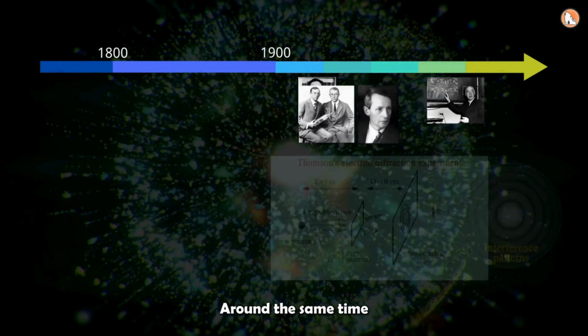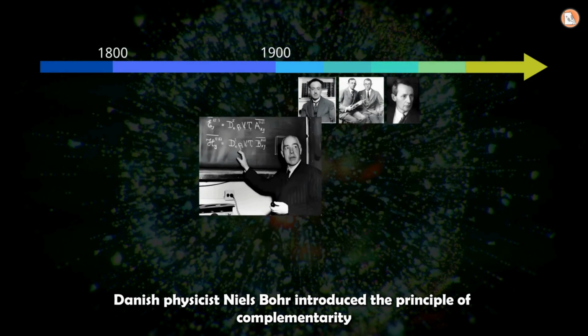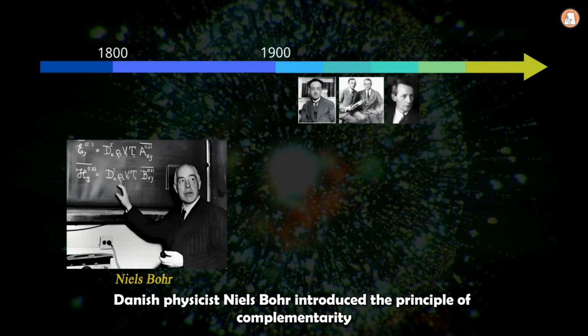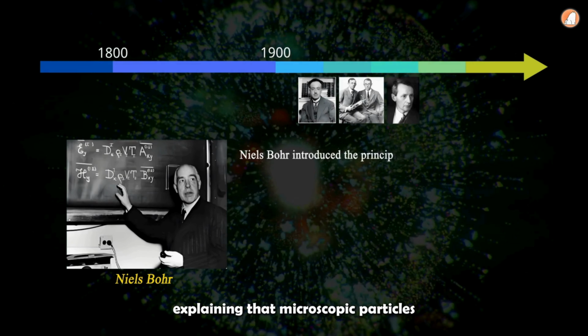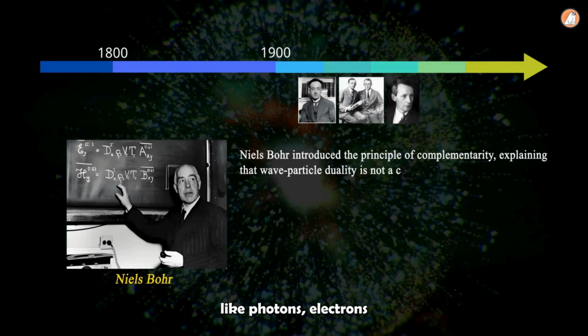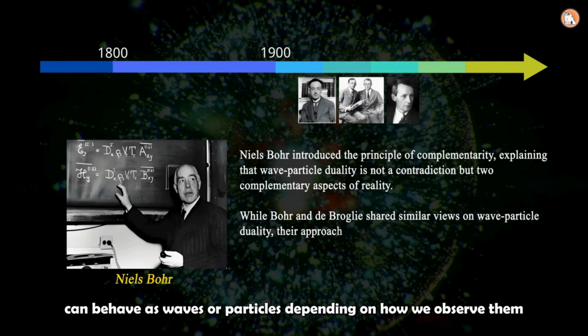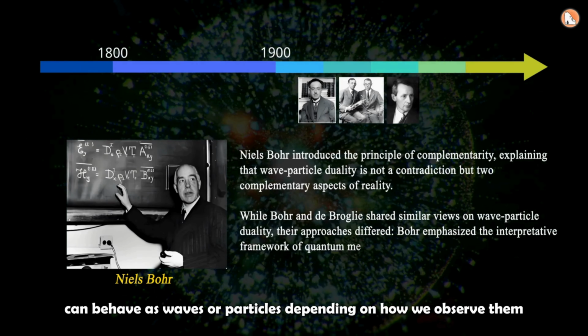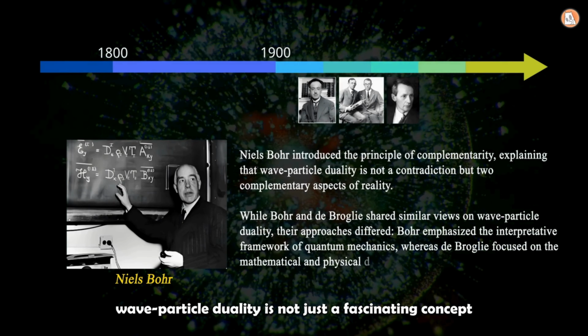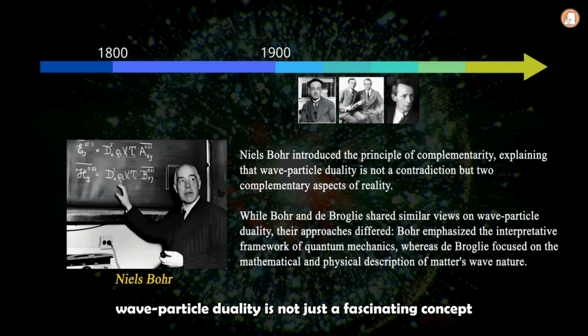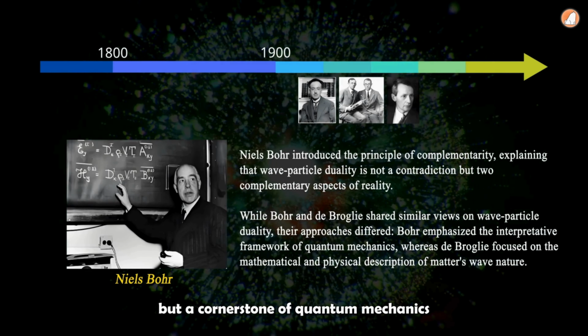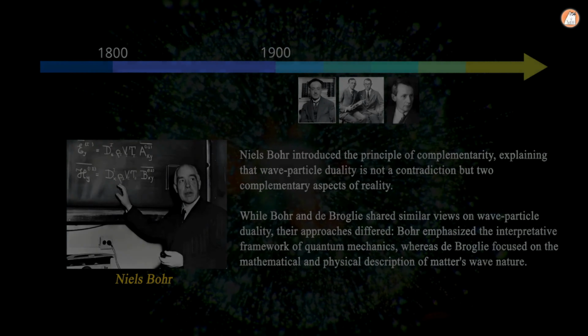Around the same time, Danish physicist Niels Bohr introduced the principle of complementarity, explaining that microscopic particles, like photons, electrons, and protons, can behave as waves or particles depending on how we observe them. Today, wave-particle duality is not just a fascinating concept, but a cornerstone of quantum mechanics.